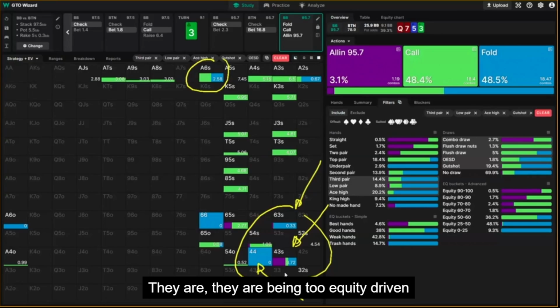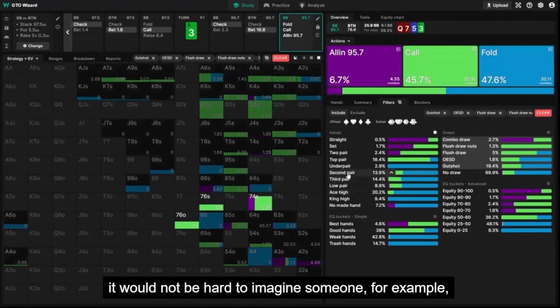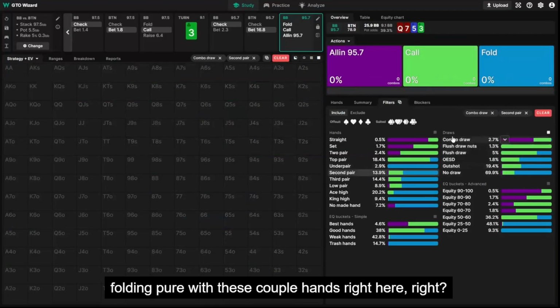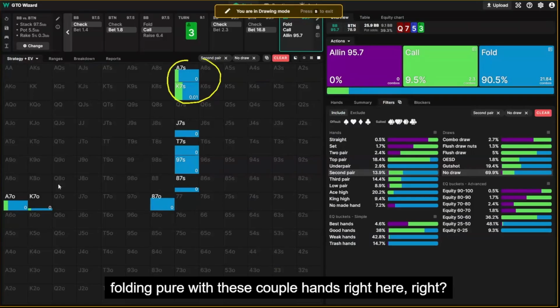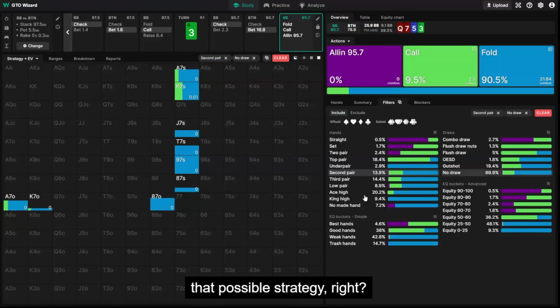They are being too equity driven with their calls, right? You can punish them with those 5x bets, right? It would not be hard to imagine someone, for example, folding pure with these couple hands right here, right? Just folding and then calling with a 6-3. It's not completely out of this world, that possible strategy, right?